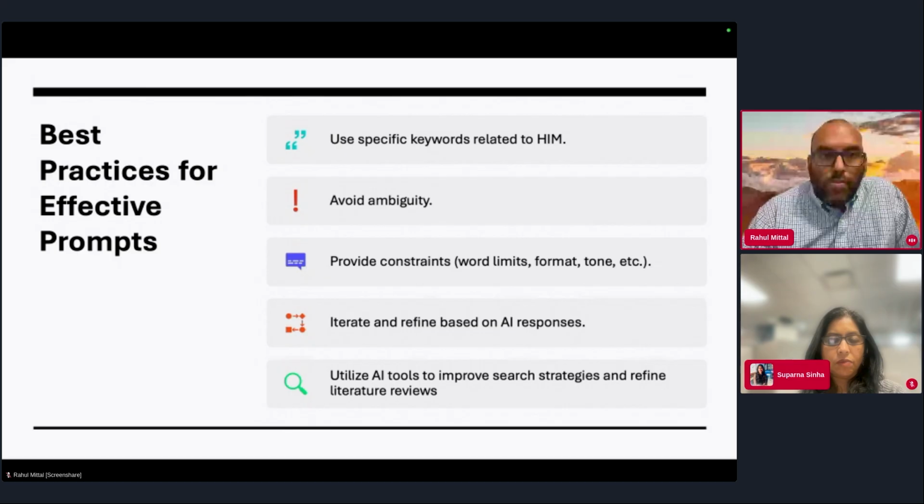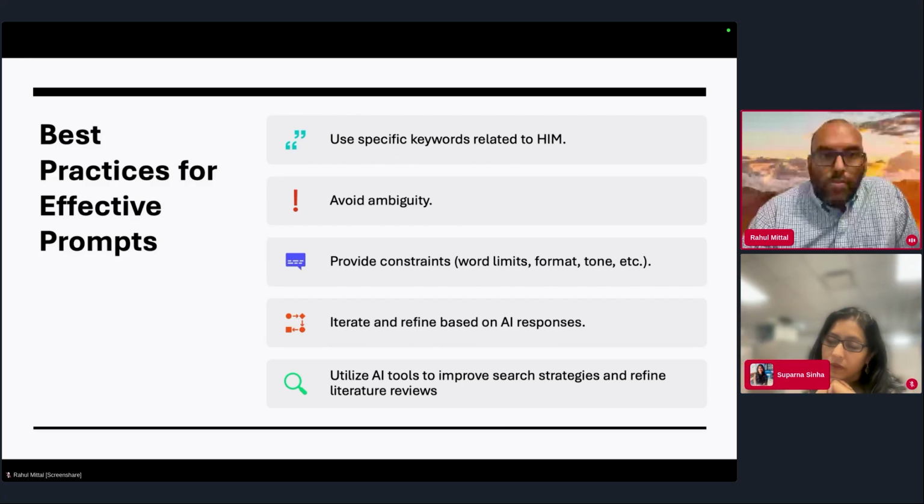If the prompt is too broad, the AI may return unfocused or irrelevant information. Conversely, over-restrictive prompts might limit the AI's ability to provide comprehensive insight. So good prompt engineering involves striking the right balance by using clear instructions, relevant context, and specific constraints.